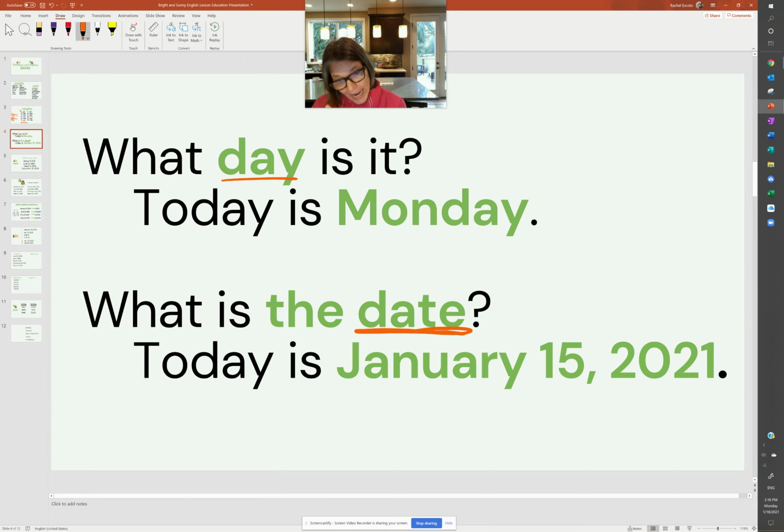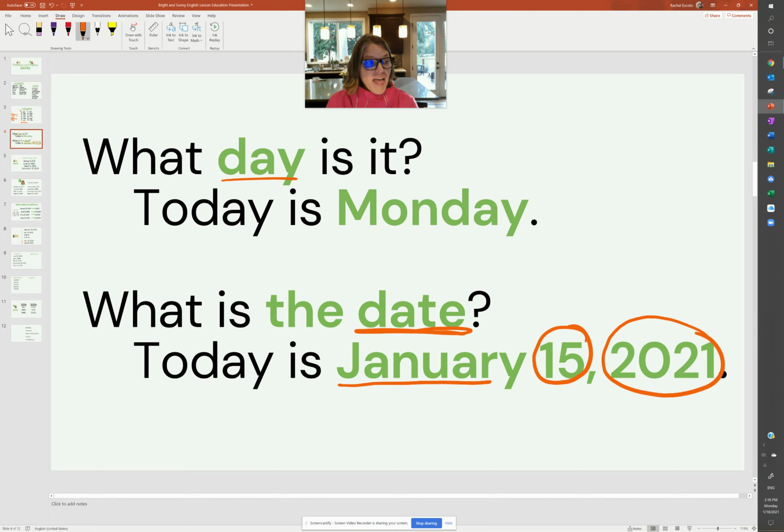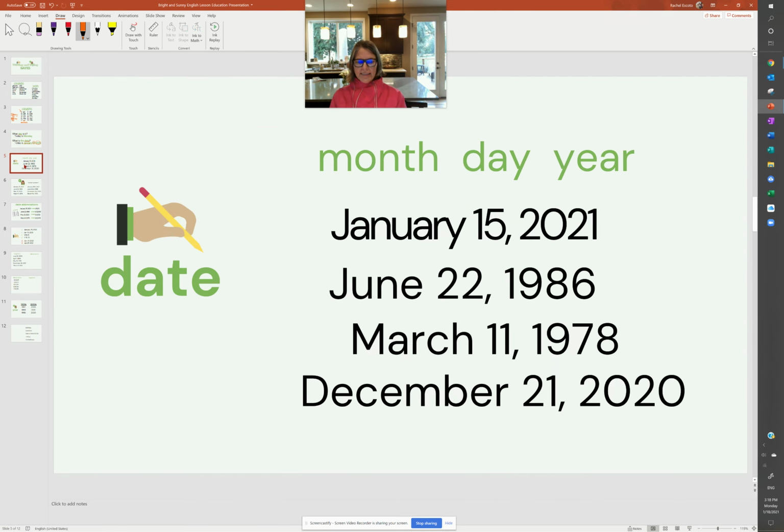They're looking for the month, the number, and the year. The month, the number, and the year. So day versus date. Day, date. Different, right?